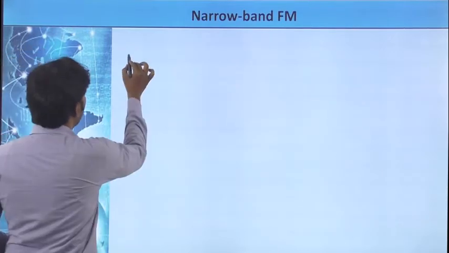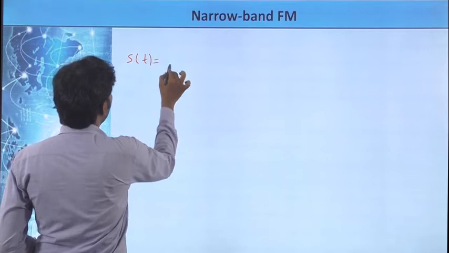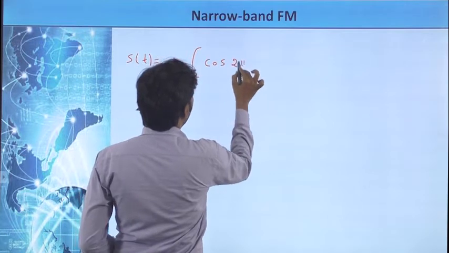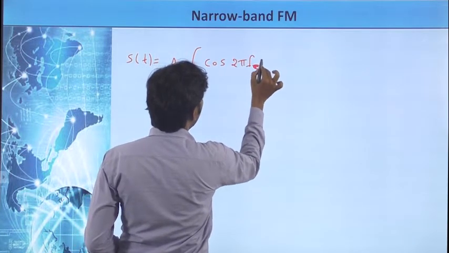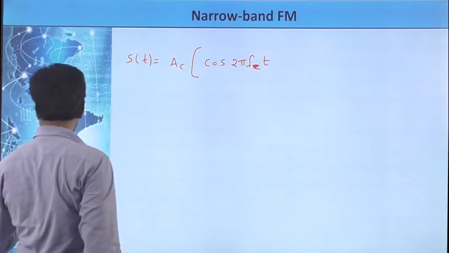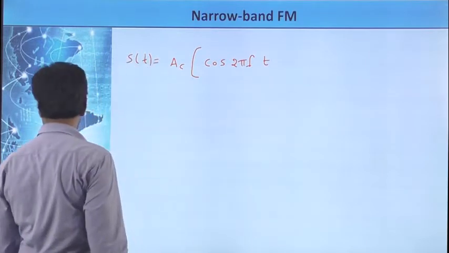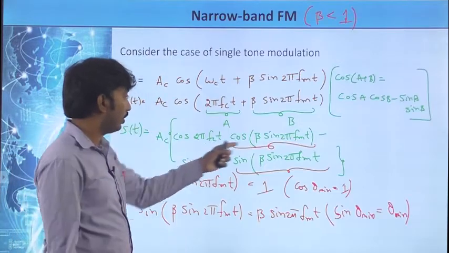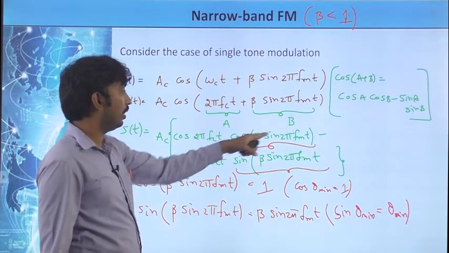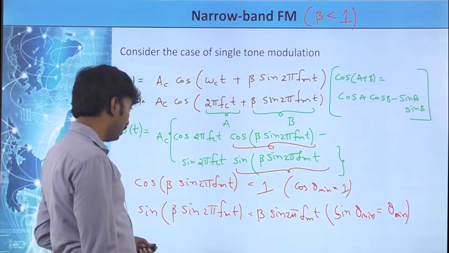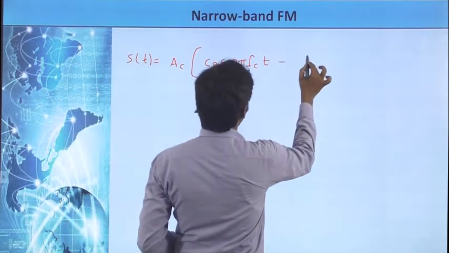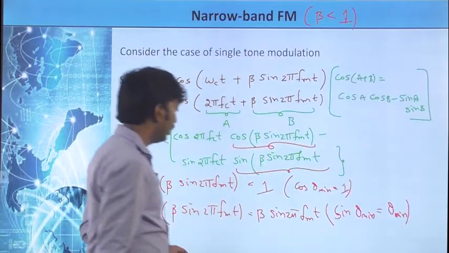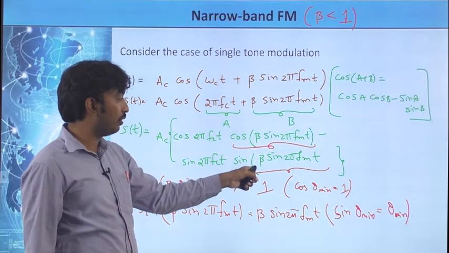Now the simplified expression is S of t is equal to AC cos 2 pi FCT times cos of beta sin 2 pi FMT. So from this, cos 2 pi FCT, and this becomes 1, and this becomes minus sin 2 pi FCT, as it is sin of beta sin 2 pi FMT.